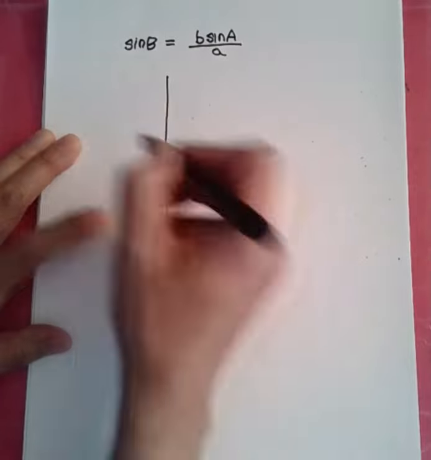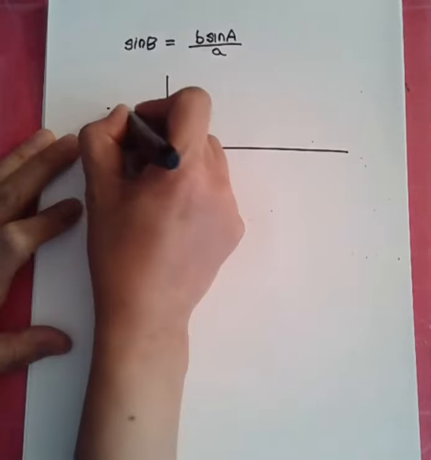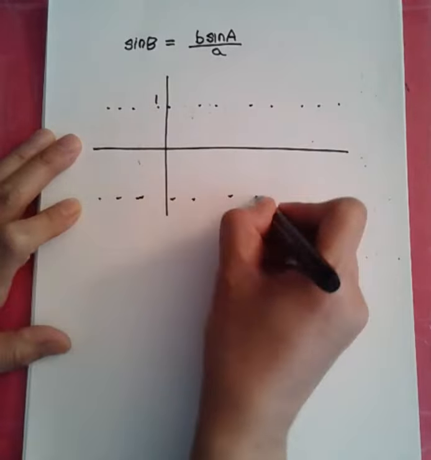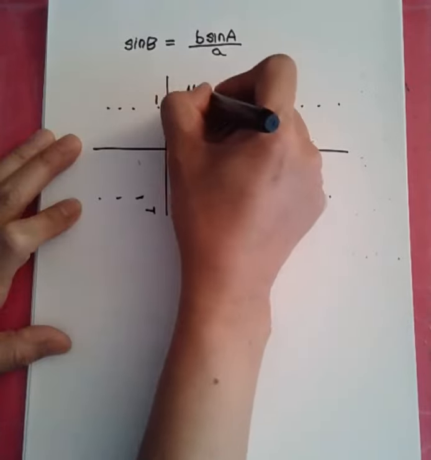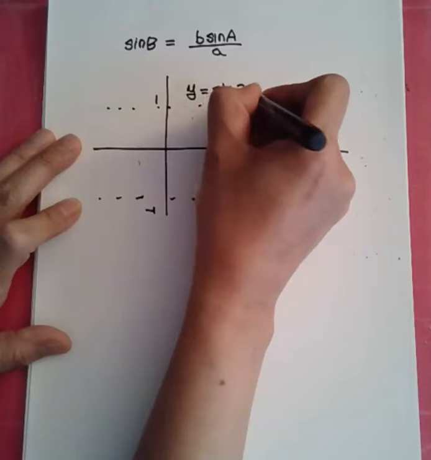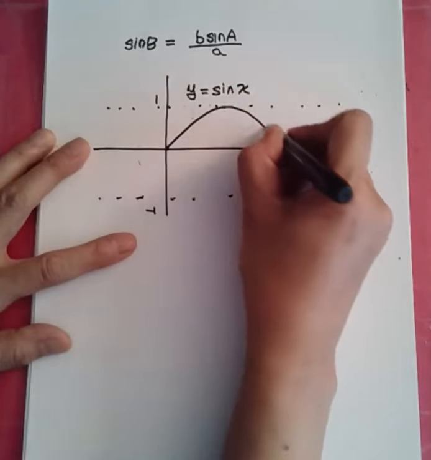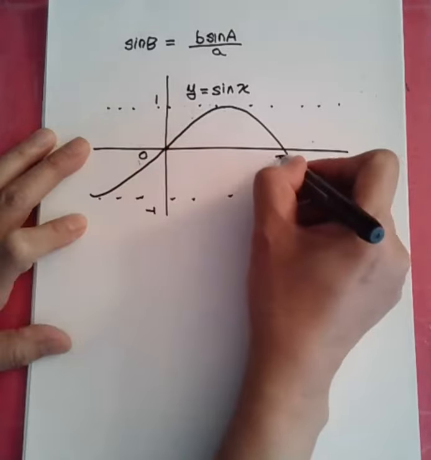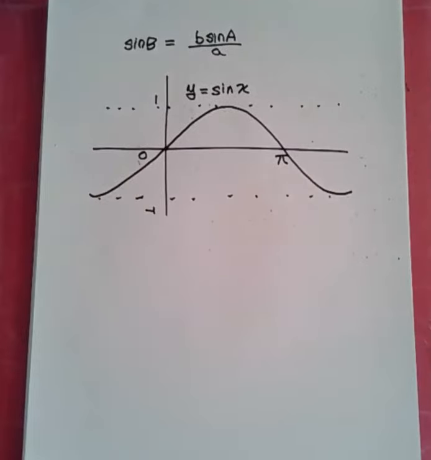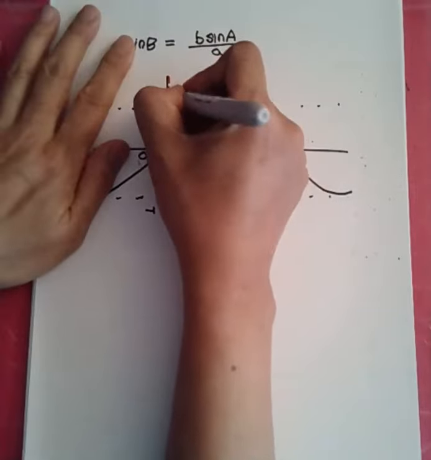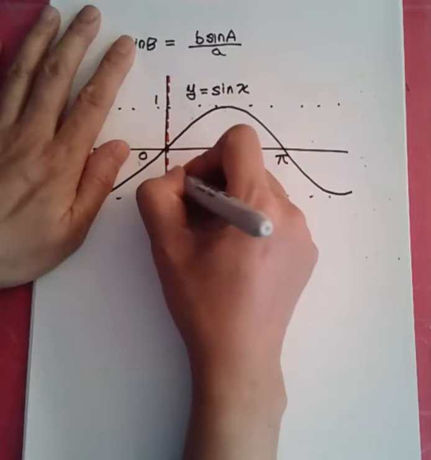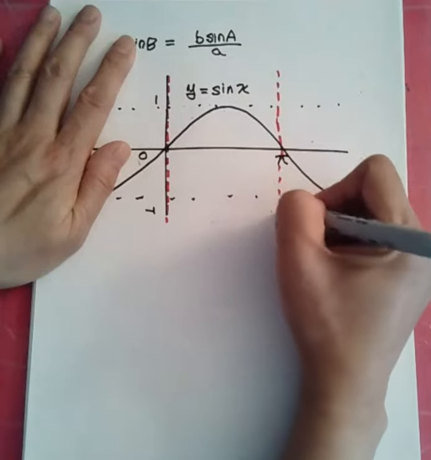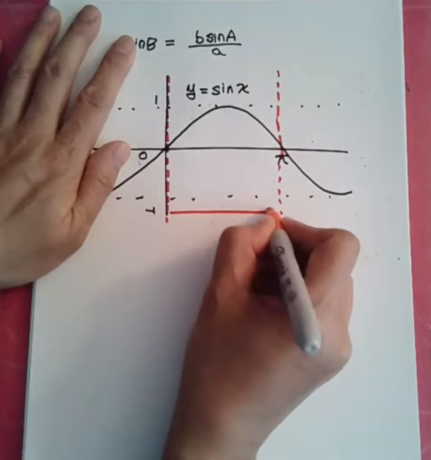Let's think about the graph of sine again. The graph of sine looks like this. We just think about 0 to pi. And we know that an internal angle ranges between 0 and pi, strictly greater than 0 and less than pi.